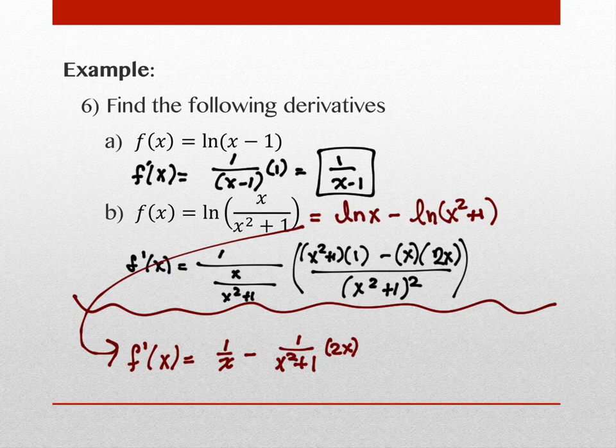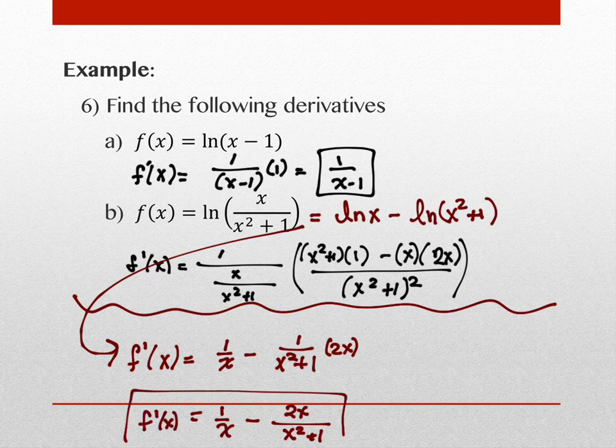But there's no quotient rule going on here anymore. And the only thing I would need to do to clean this up is to write this as 2x over x squared plus 1. This would be a very viable way of having my derivative that avoids a lot of the mess. So these properties of exponents, you need to use them.